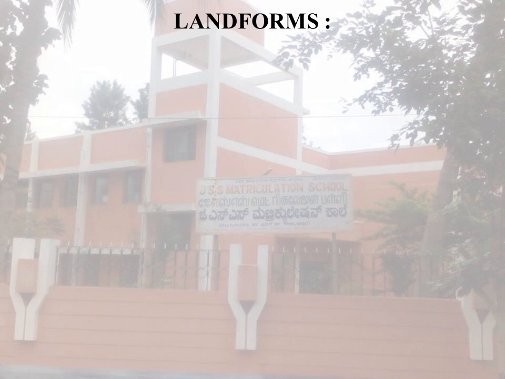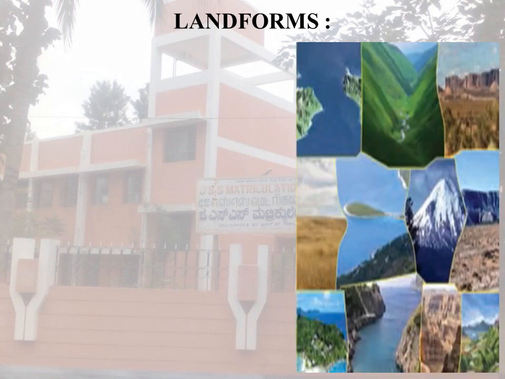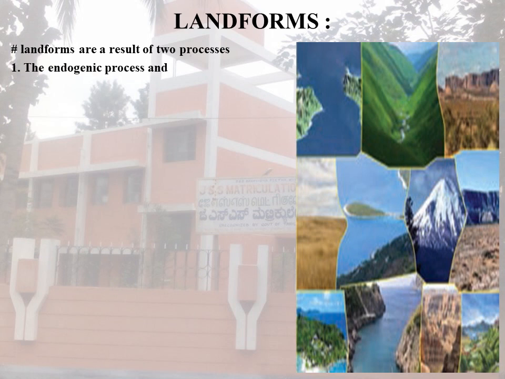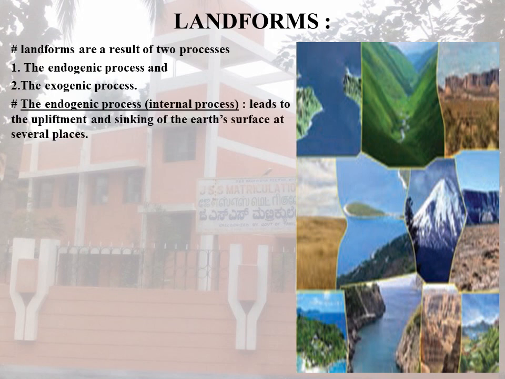These landforms are a result of two processes. They are: one is the endogenic process, the second one is the exogenic process. First, we are going to learn about the endogenic process.